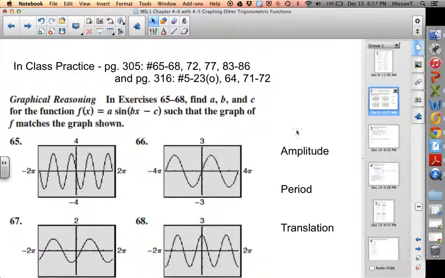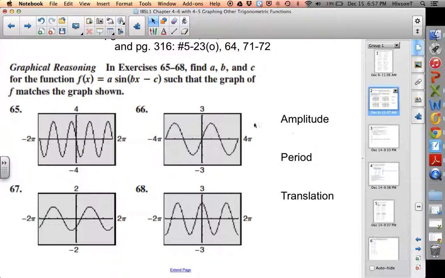Alright, so as we look at these different graphs, one of the things that you need to do is simply pick a starting point. Really, it's kind of up to you where you want that starting point to be. In this case, I could put a starting point here.